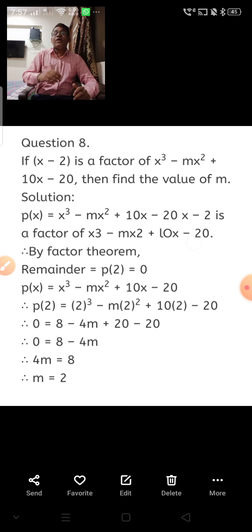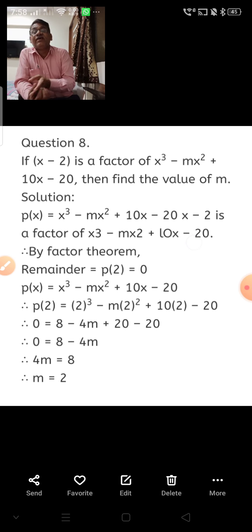Okay. Now p of x is given, x cube minus m square plus 10x minus 20. x minus 2 is a factor of the given polynomial. Then by the factor theorem, what is the factor theorem? You have to find the remainder, p of 2, because the divisor is x minus 2. So p of 2 is equal to 0, it is given.